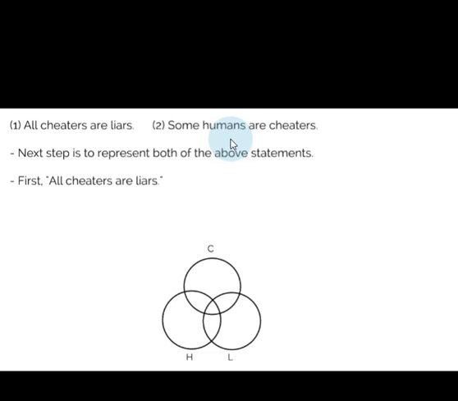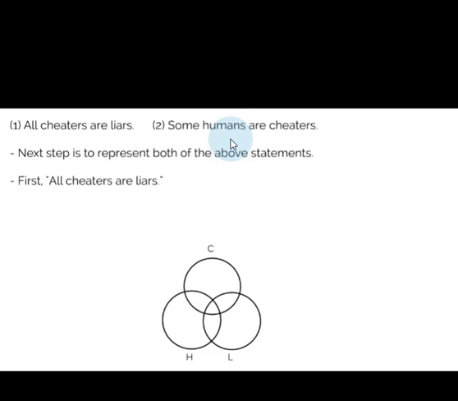Remember, we don't want to represent the conclusion. The conclusion must show up on its own if it's going to be a valid argument. We want to represent the premises using the X's and the blackout. This is just the initial setup. How do we set up the diagram so that we can then fill it out? We got to all do it the same way, in a standardized way, or else it gets confusing.